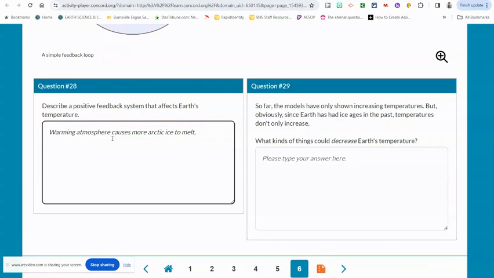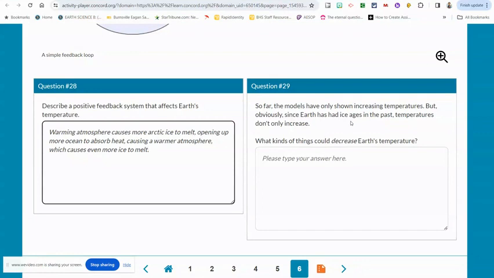So that means there'll be more ocean opening up more ocean to absorb heat, causing a warmer atmosphere, which causes even more ice to melt. Now you can see how this would just keep going, right? A positive feedback loop. As ice melts, the Earth warms more, causing more ice to melt, causing the Earth to warm more, and so on.